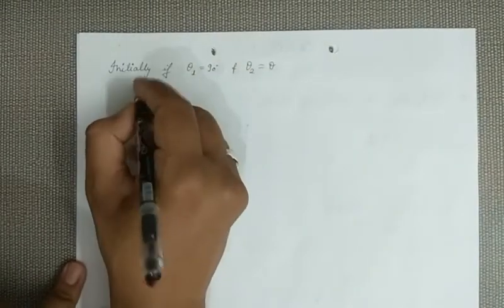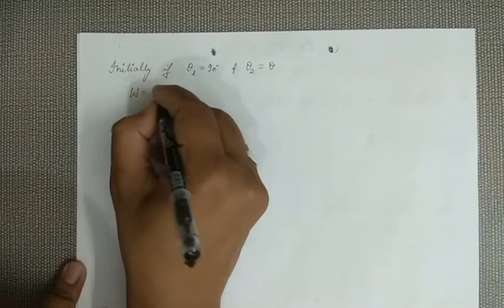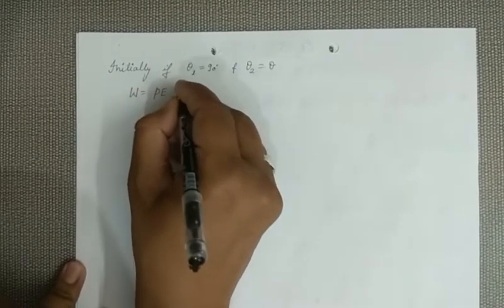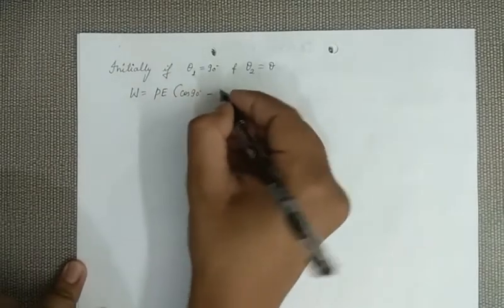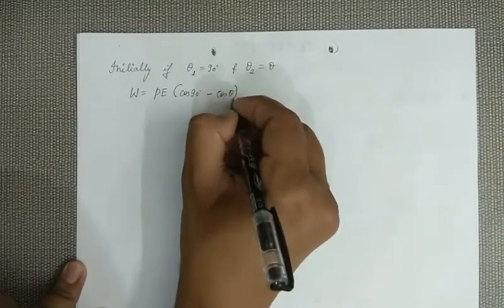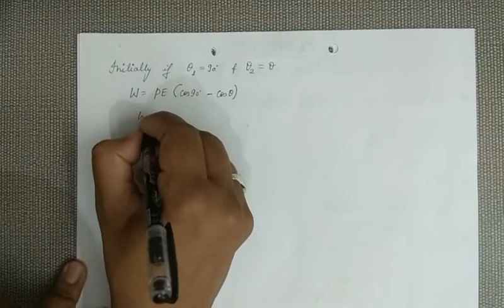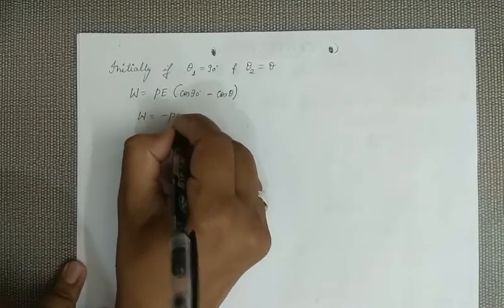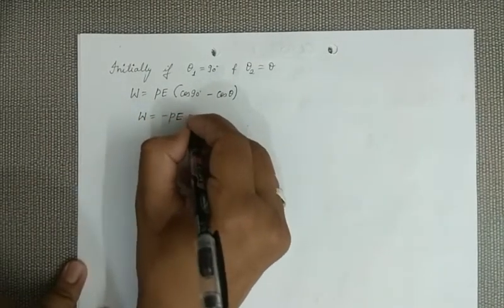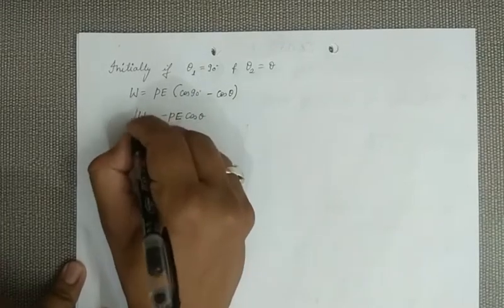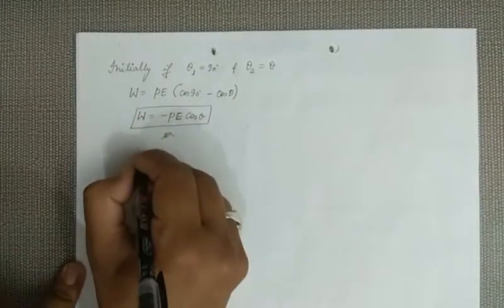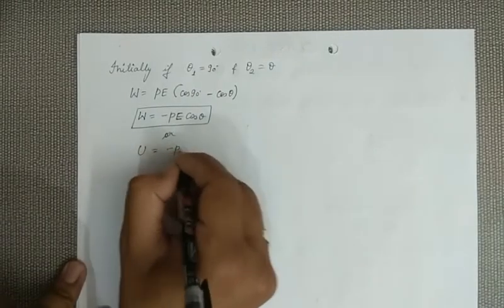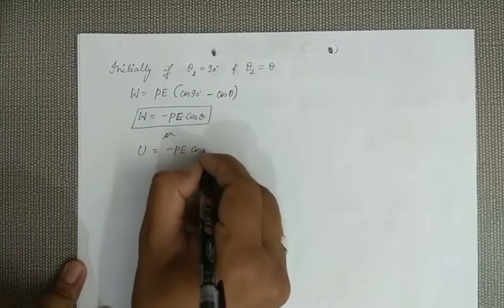In this case, your work done W equals pE (cos 90 minus cos theta). Cos 90 is 0, so your work done will be minus pE cos theta. So you can calculate work done, or you can also say the energy stored is minus pE cos theta.